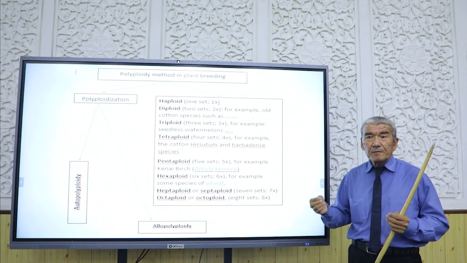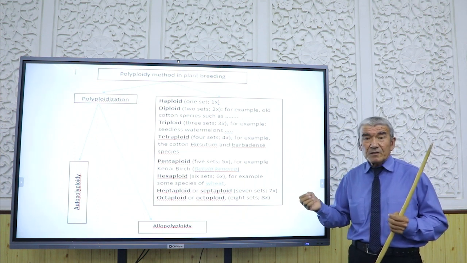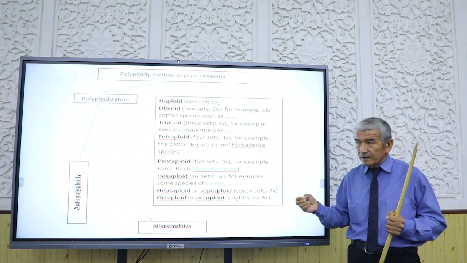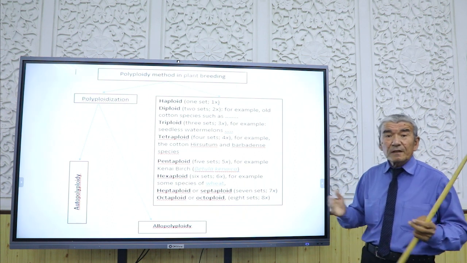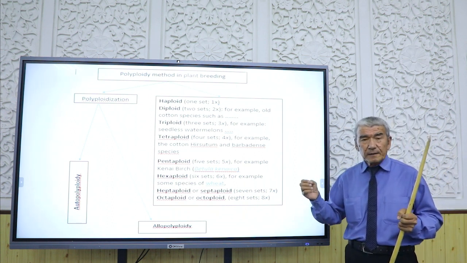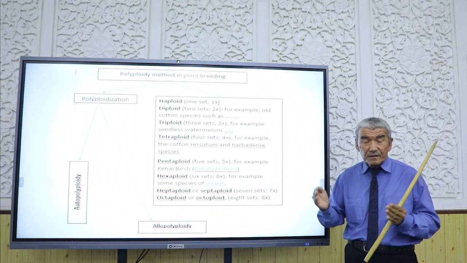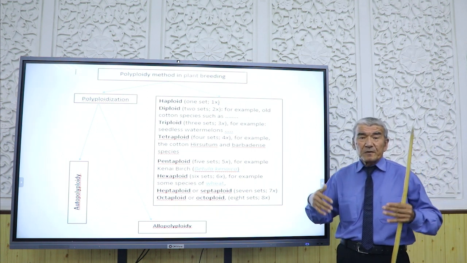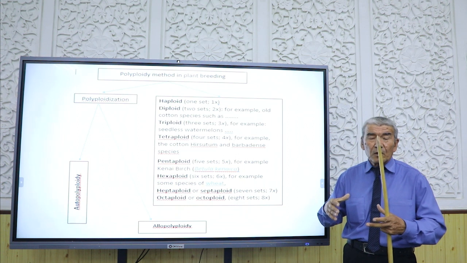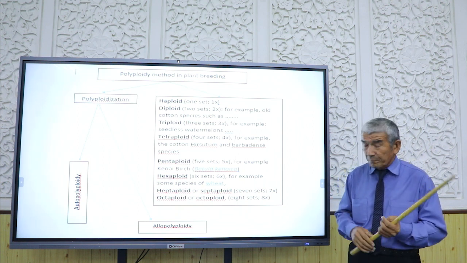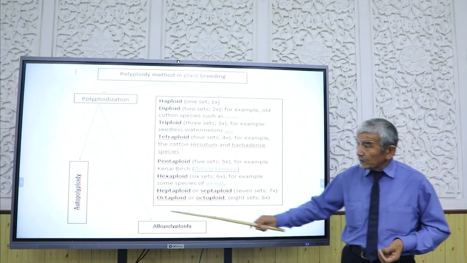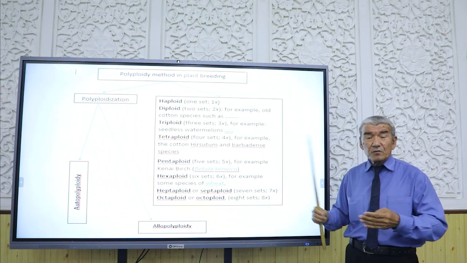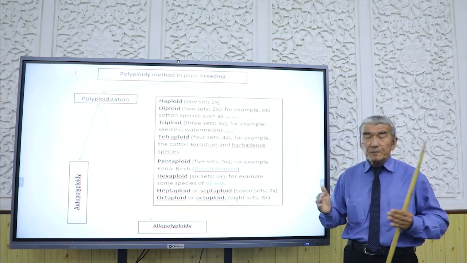We can consider them as heterozygous or homozygous. If parents belong to one species of plants and the result is polyploid plants, that is, an increased number of complete chromosome sets in the new organism, we call it autopolyploidy when their ancestors belong to the same species.